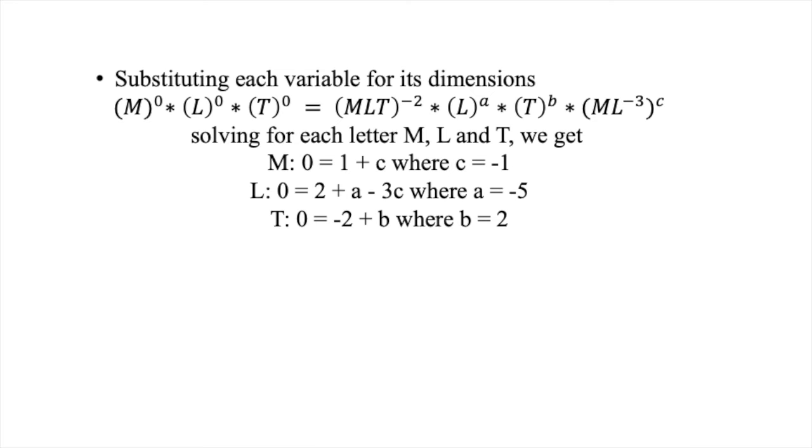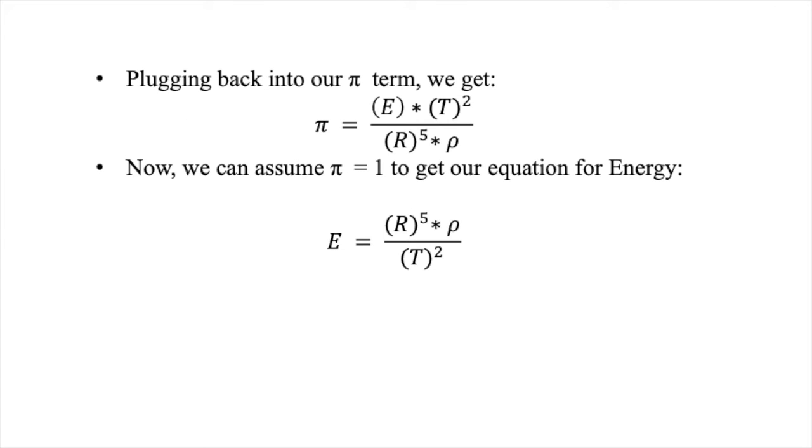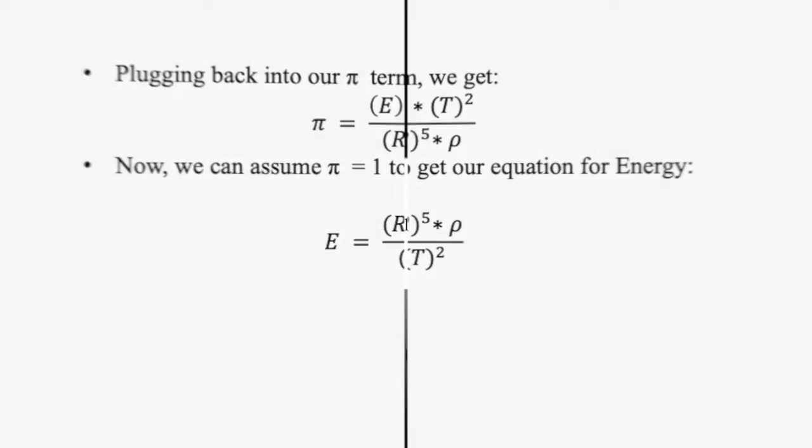Plugging back into our pi term, we will get that pi equals E times T squared over R to the 5 times rho. Pi will be assumed as a constant and will be equal to 5, therefore our energy equation will equal R to the 5 times rho divided by time squared.